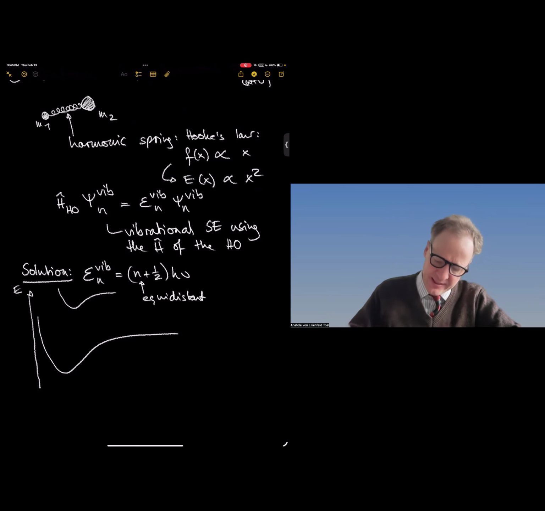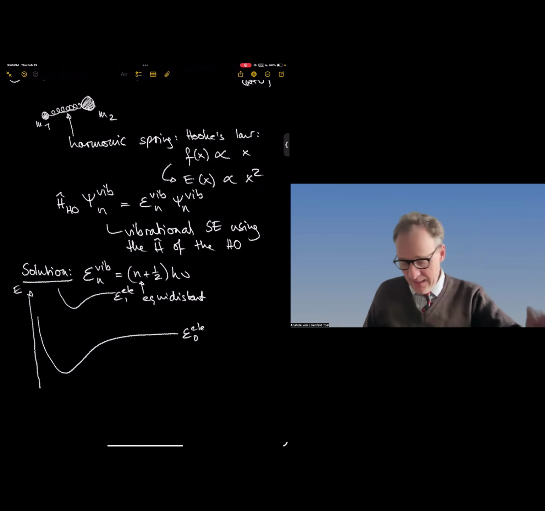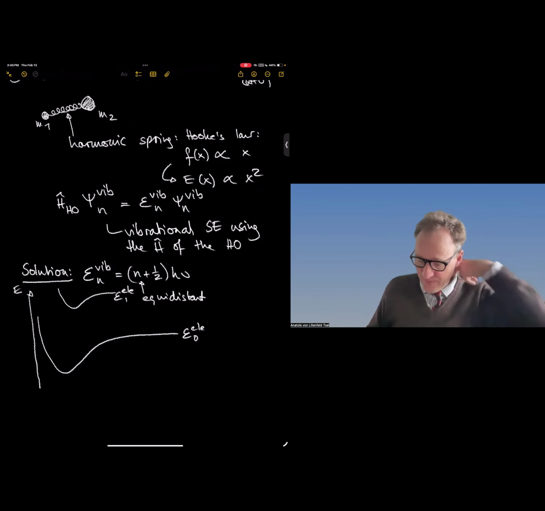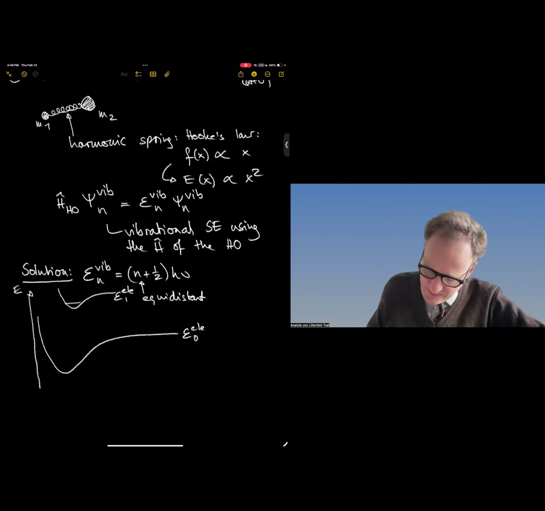And this is the energy. Then these were different electronic states. And this is the ground state. And here you have the first excited state. And then in each electronic state, we have vibrational levels.